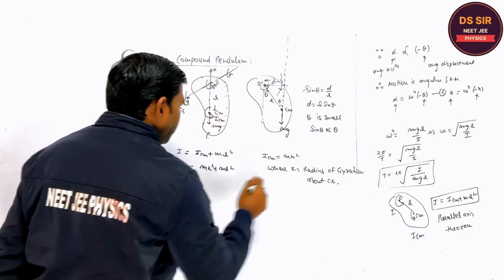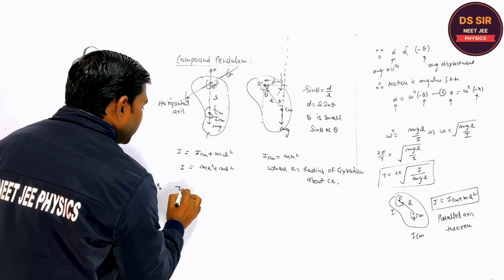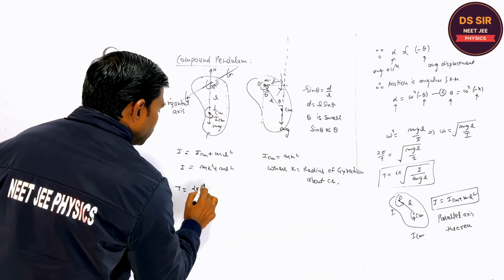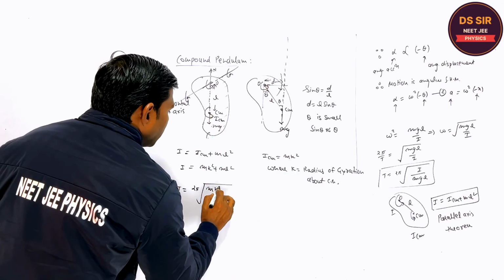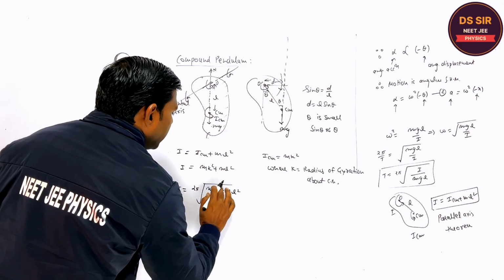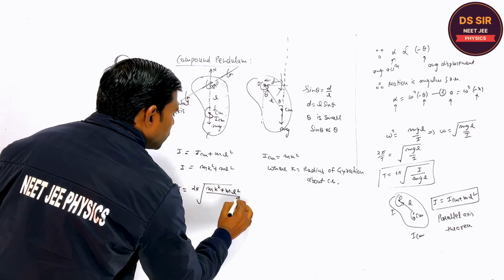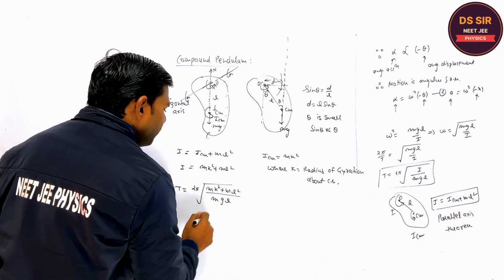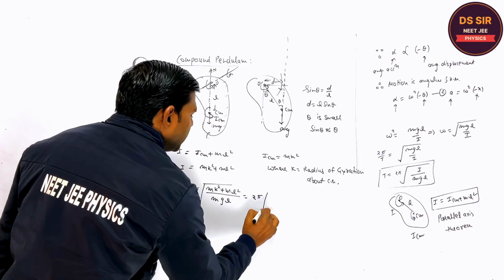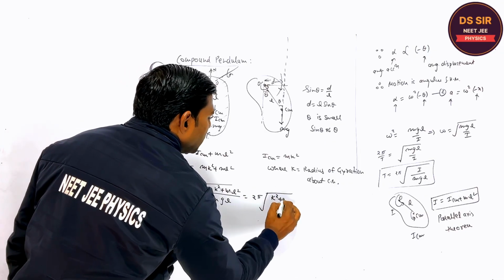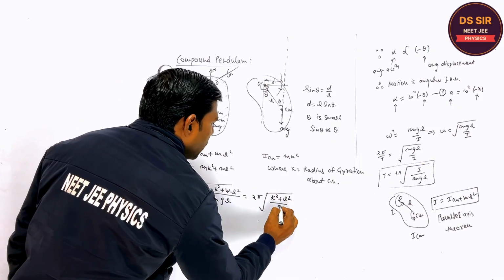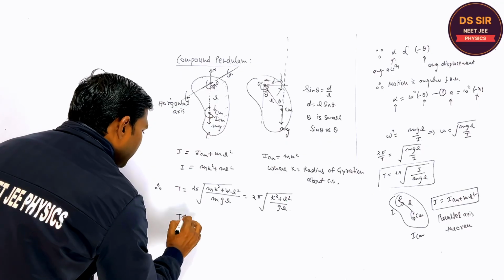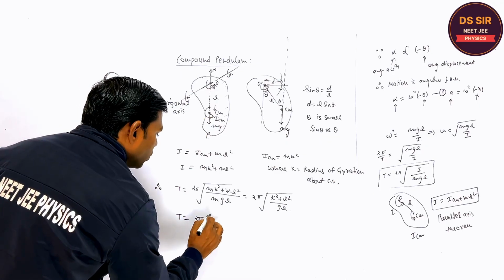So this time period of oscillation may be written as 2 pi root of mk square plus ml square, divided by mg into L. m will cancel out, so it may be written as k square plus L square upon g into L, and the time period may be written as 2 pi root.